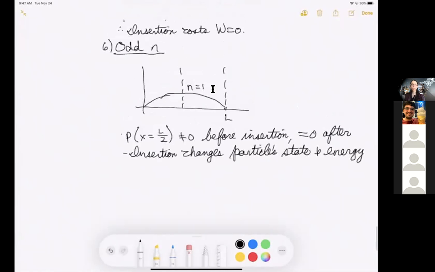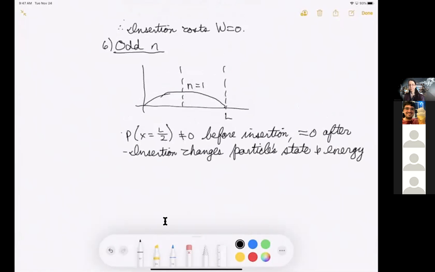Does anybody have any questions about that? Okay, there is a question about Maxwell's demon again. Just for the sake of keeping the lecture going forward, let's focus for the moment on questions about the quantum Szilard engine.